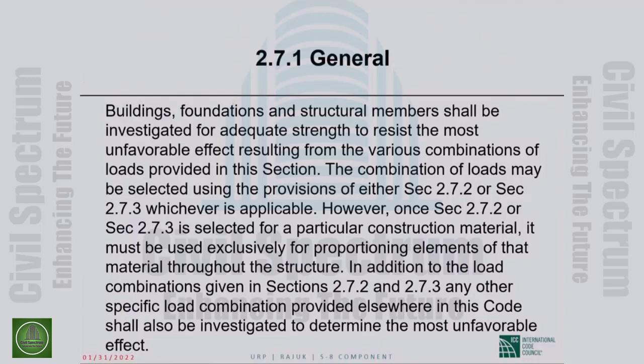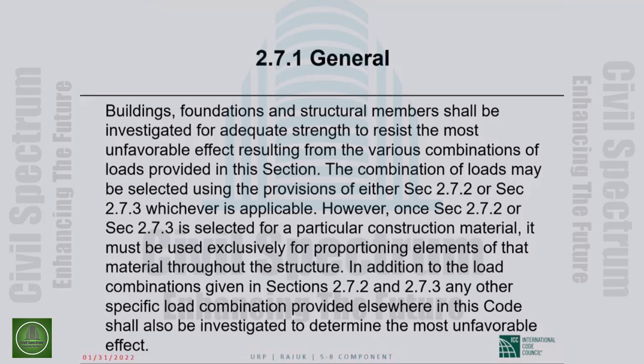The combination of loads may be selected using the provisions of 272, that is allowable stress design, or 273 strength design, whichever is applicable. Okay, in concrete you don't have a choice anymore. It's all strength design, but in the other materials you still have a choice. You can use ASD or strength design.